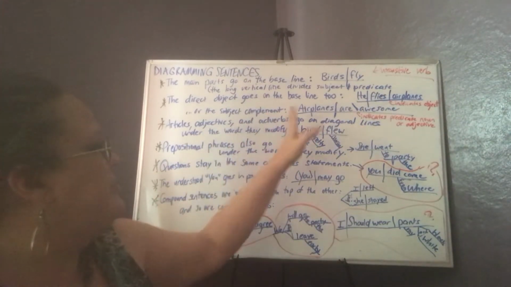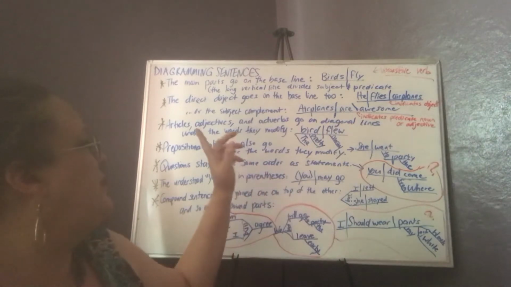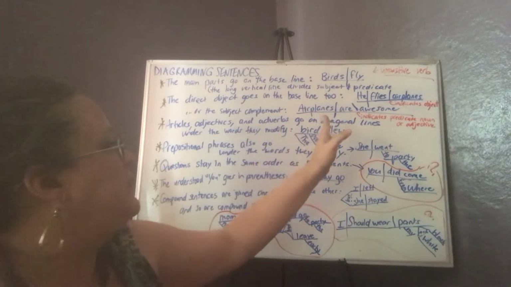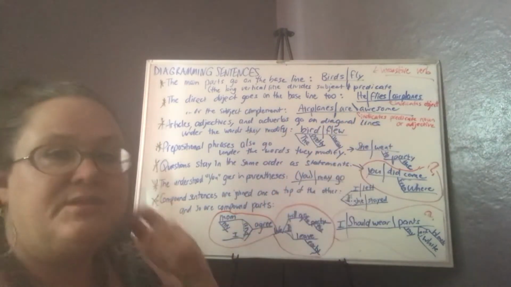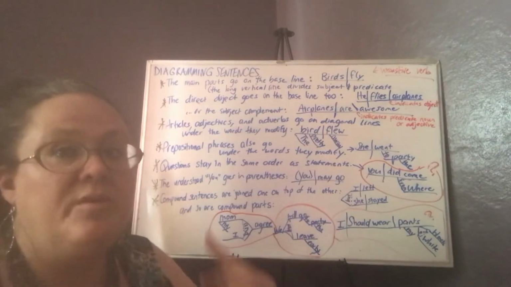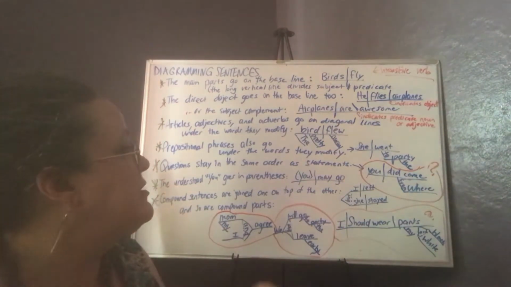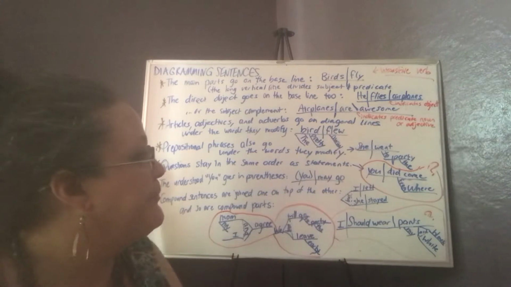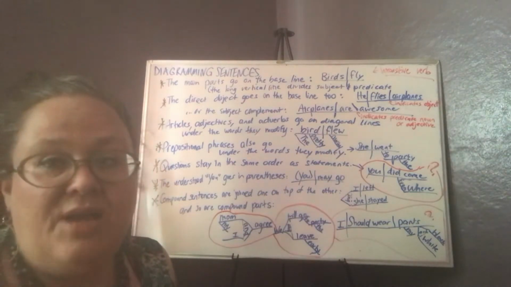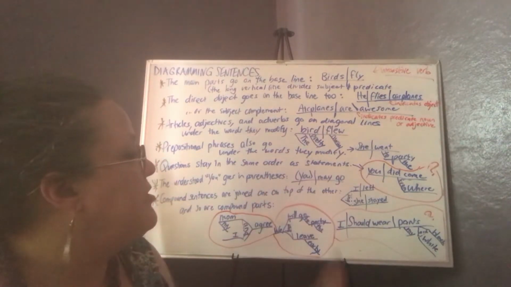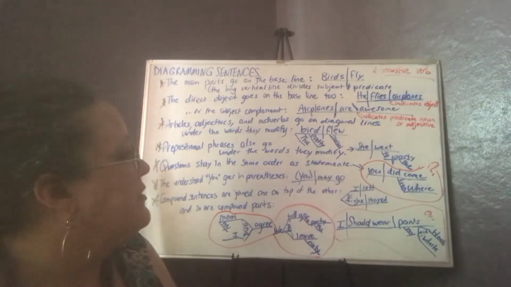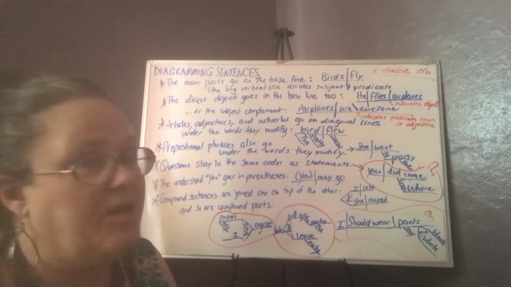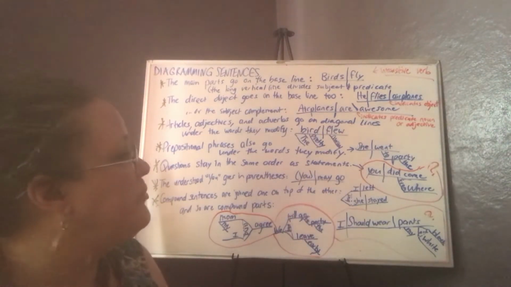There's also on the baseline, if you have a subject complement, it would be on the baseline because it helps form the core of the sentence. Airplanes are awesome. In this case, we have a predicate adjective, and there is a diagonal half line that indicates that that is not an object but a subject complement.